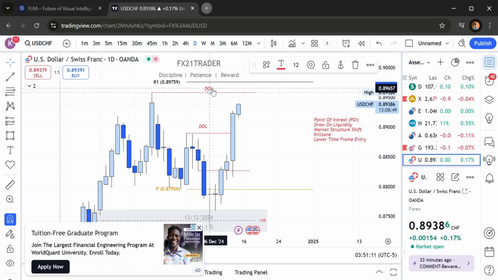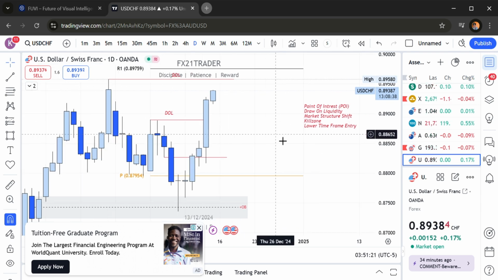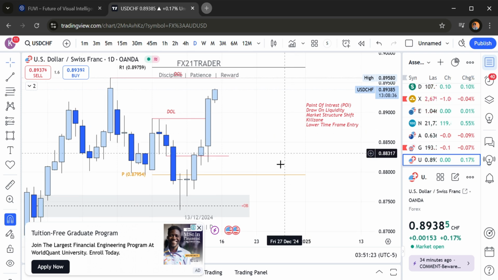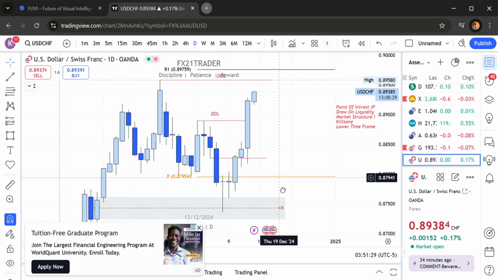And we now look for a lower time frame entry in a kill zone. That is very important, in a kill zone. If it's not in a kill zone, do not take it.